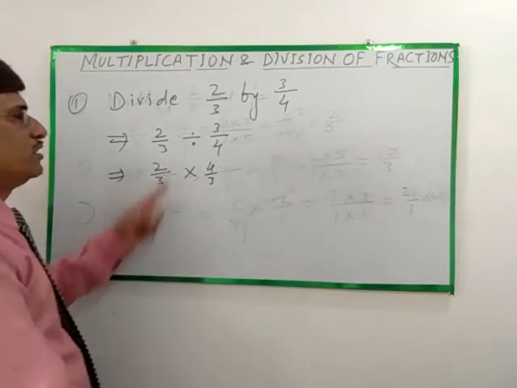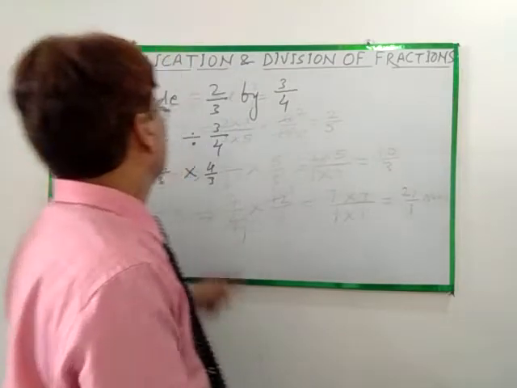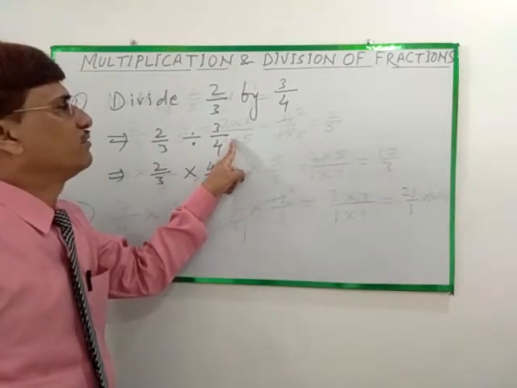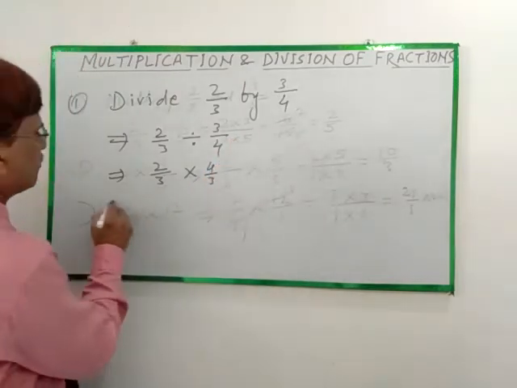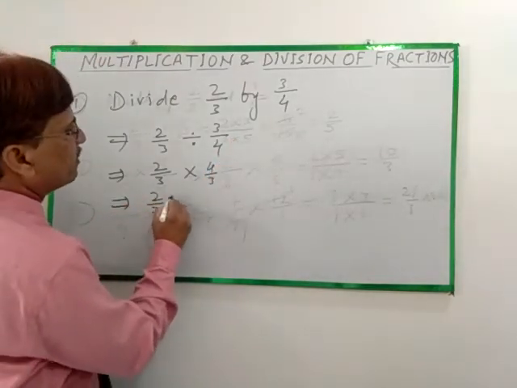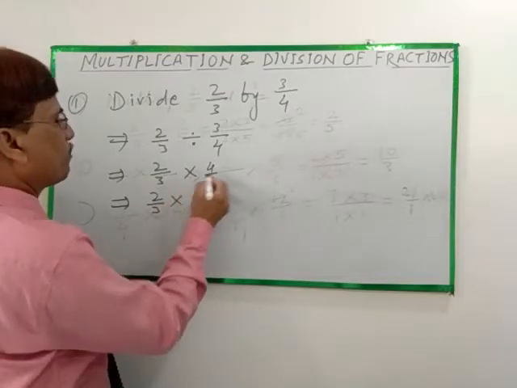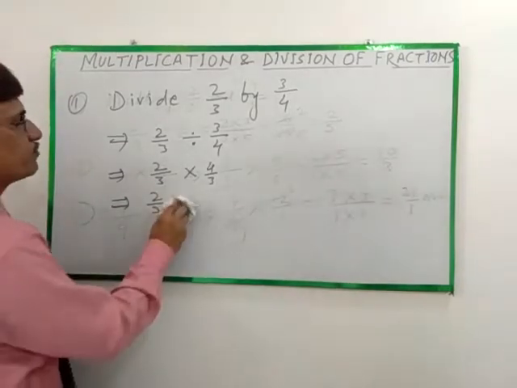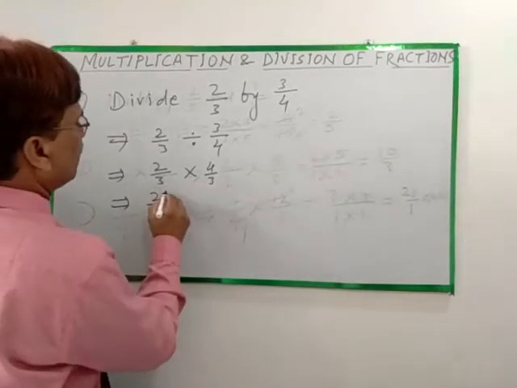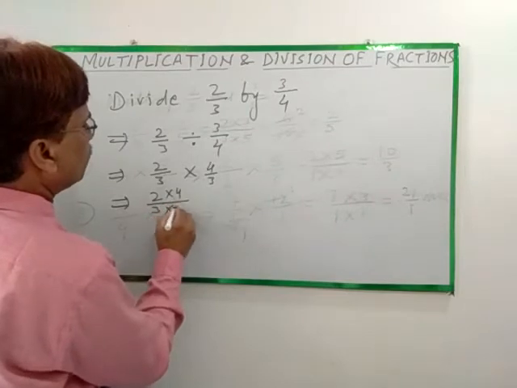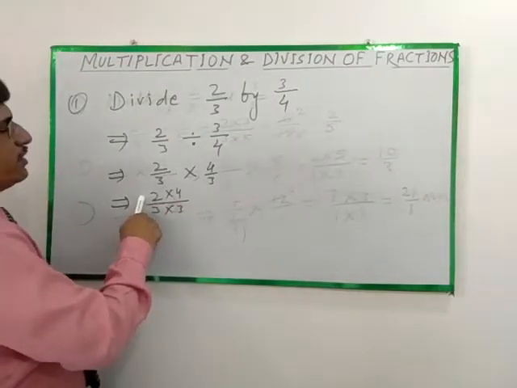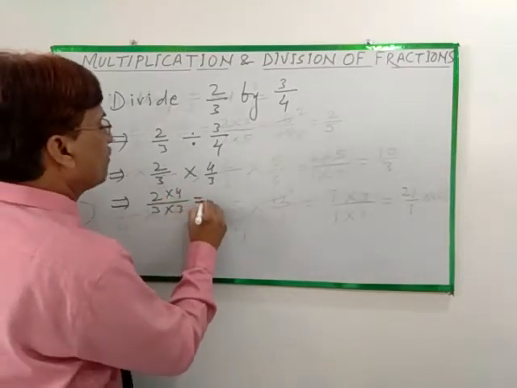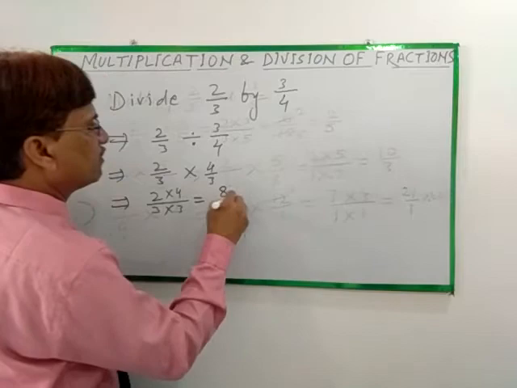You know, division is the inverse of multiplication, so we put the sign of multiplication and invert the fraction. Okay, 2 upon 3 into 4 upon 3. So 2 into 4 and 3 into 3. Multiplication of numerator by numerator and denominator by denominator. 4 twos are 8 and 3 threes are 9.